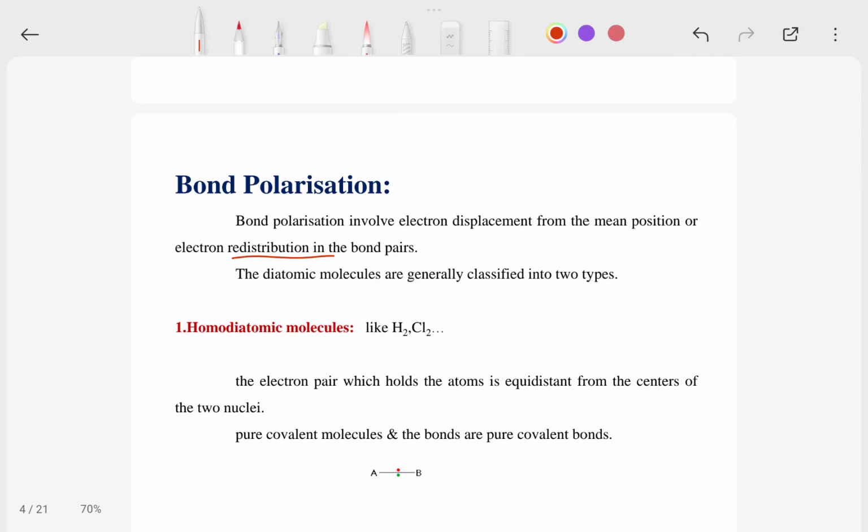Generally, the diatomic molecules are classified into two types. They are homodiatomic molecules and heterodiatomic molecules. In homodiatomic molecules, for example, like H2 and Cl2, the electron pair which holds the atoms is in equilibrium, equidistant from the centers of two nuclei.